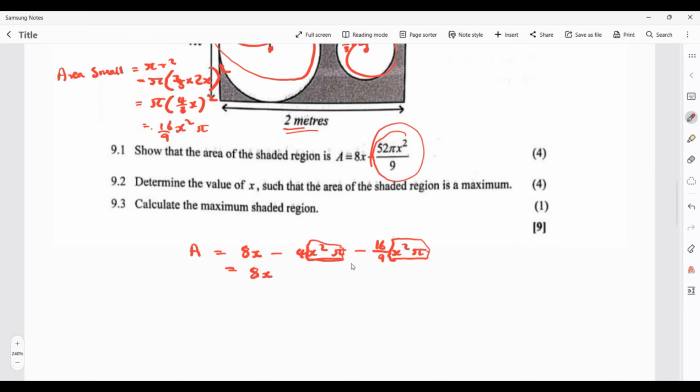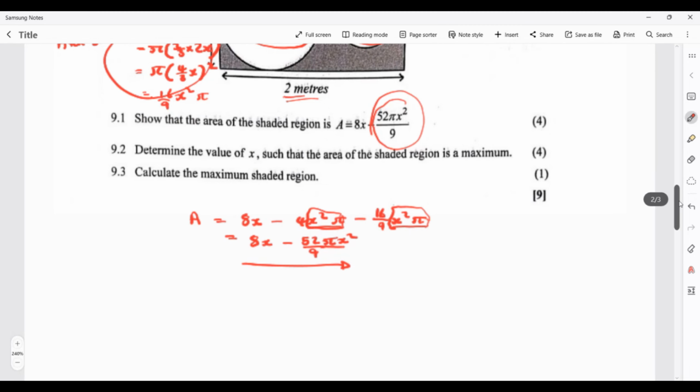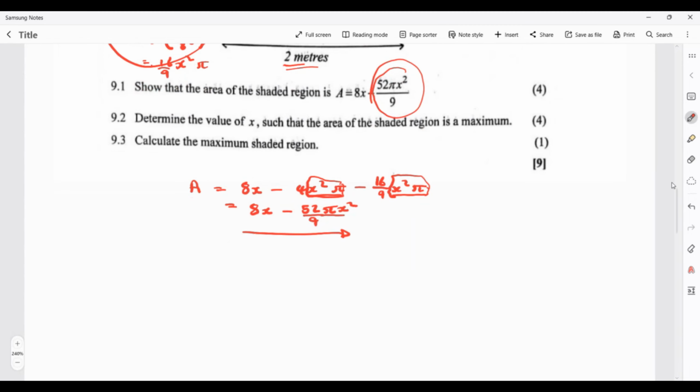Negative 4 minus 16 over 9 will give me negative 52 over 9, and then pi x squared, just like that, and then you're sorted. You can do all those things in one step or in one equation, but if you don't want to be confused like myself, you can just break them down.